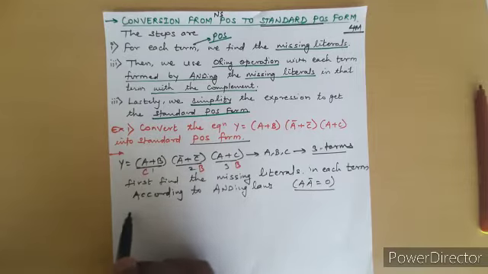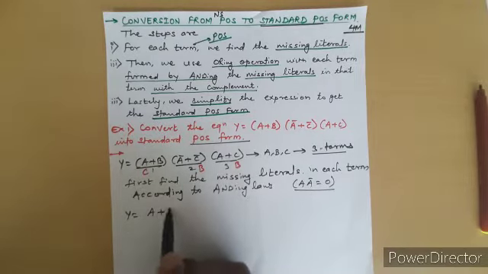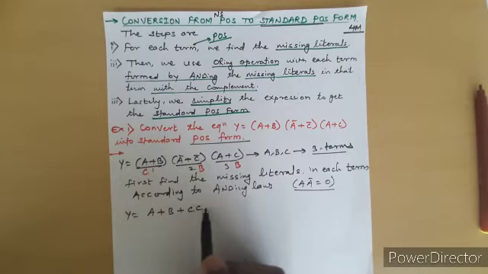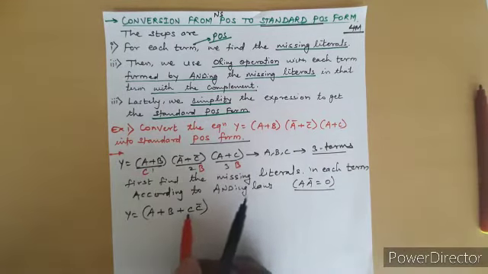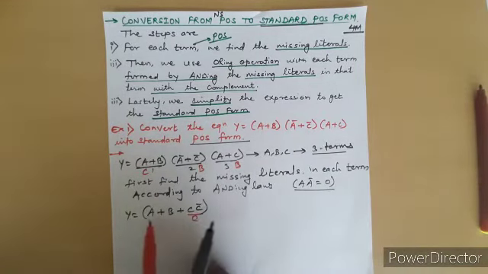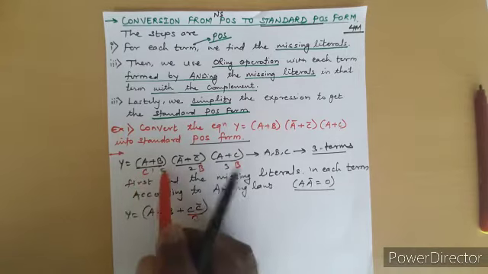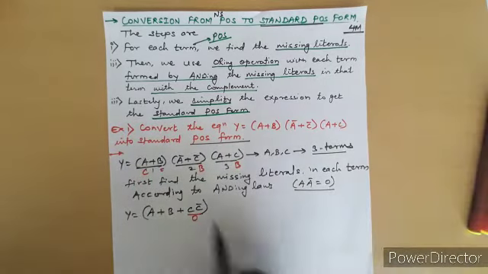Since C is missing, Y equal to (A plus B plus C into C bar). Now C into C bar is 0, which means we have A plus B. So this is without changing the meaning of the given equation.